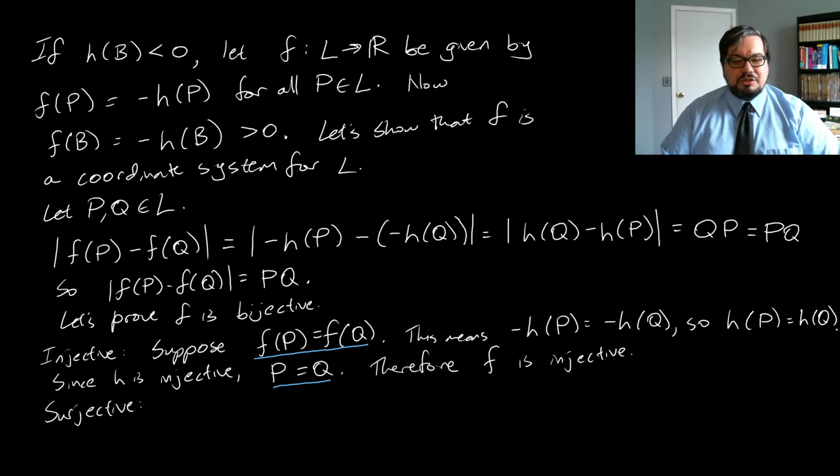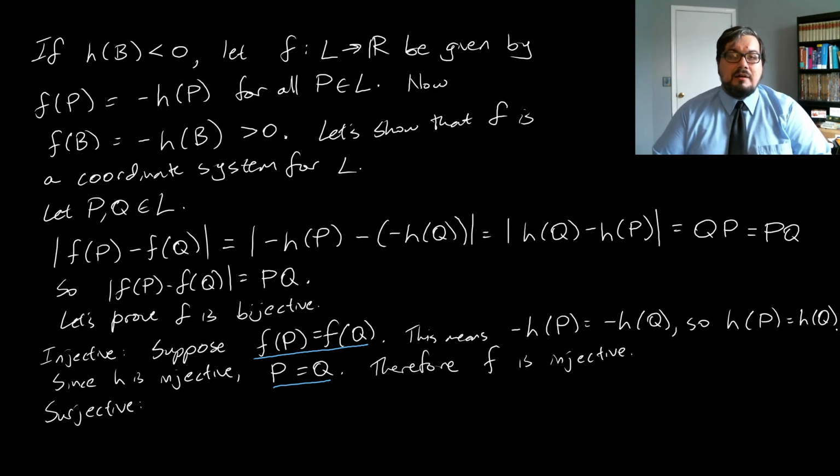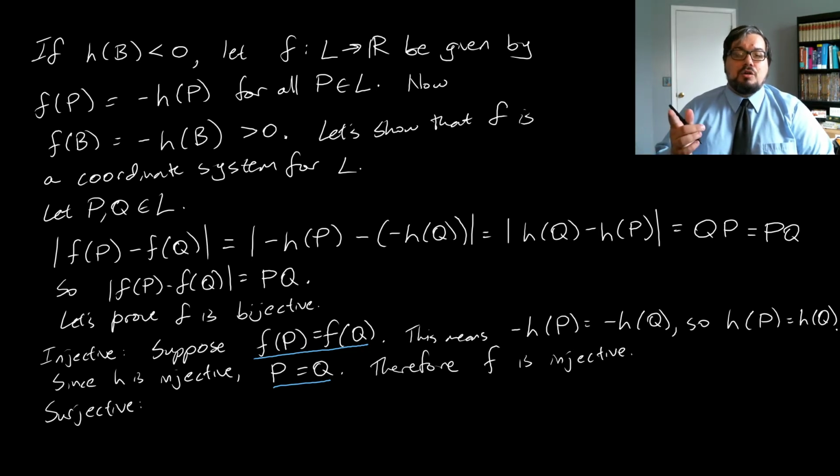All right, what about surjectivity? For this, we need to show that every element of the target, the real numbers, is hit by some point in L under f. That is, for any element of the real numbers, we can always find a point that has that coordinate.